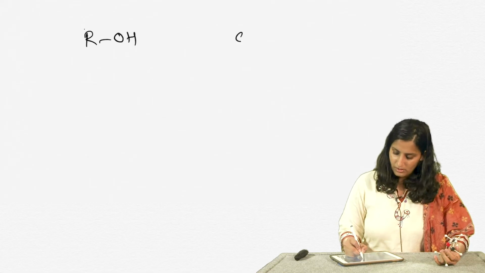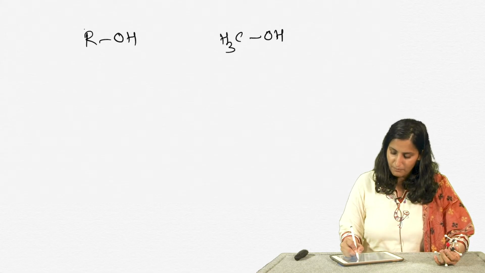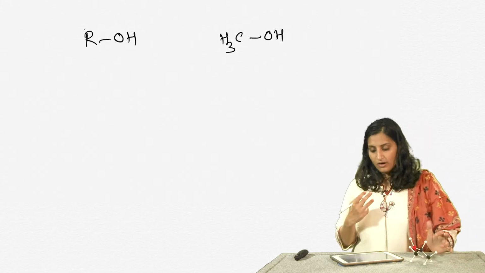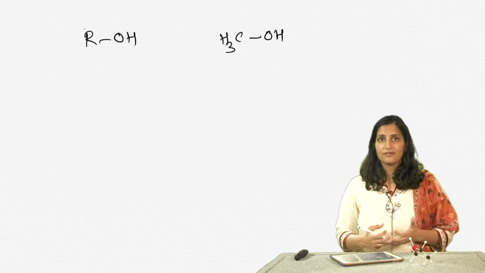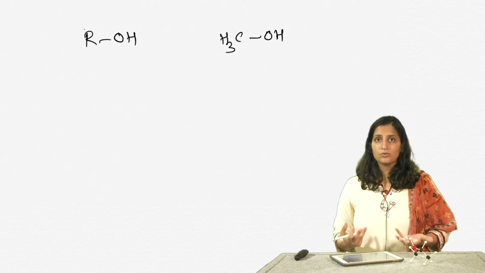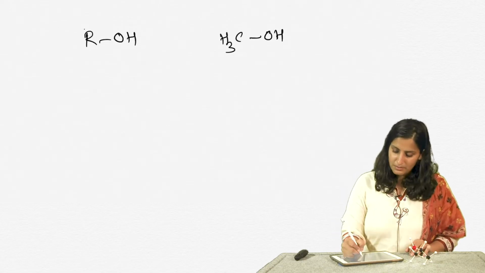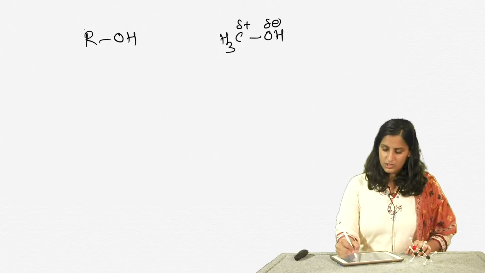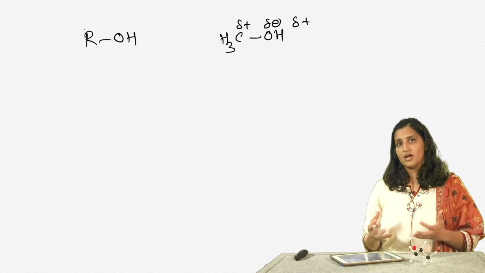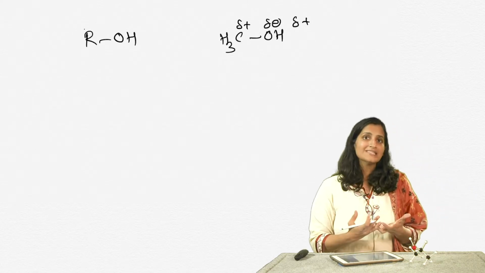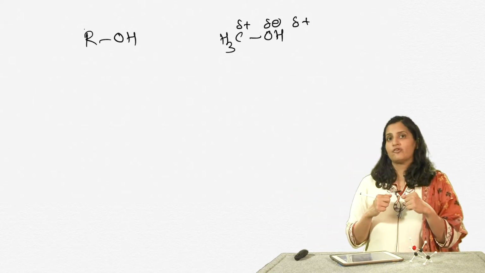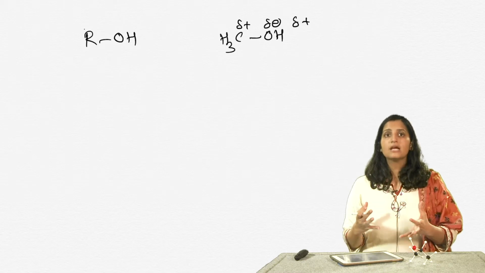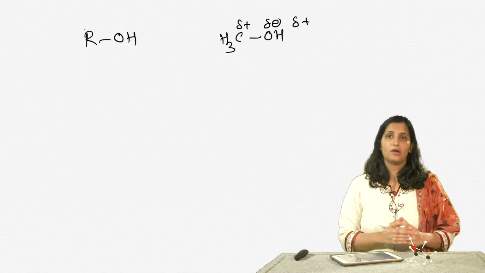And if you think about it, ROH, or for example, let us take the example of methanol, the oxygen is more electronegative, right. So, what happens is there is a partial positive charge on this carbon, a partial negative on that oxygen, and another partial positive charge on that hydrogen, because that oxygen is electronegative, it is kind of pulling electrons from both sides, really making this whole molecule a polar molecule.